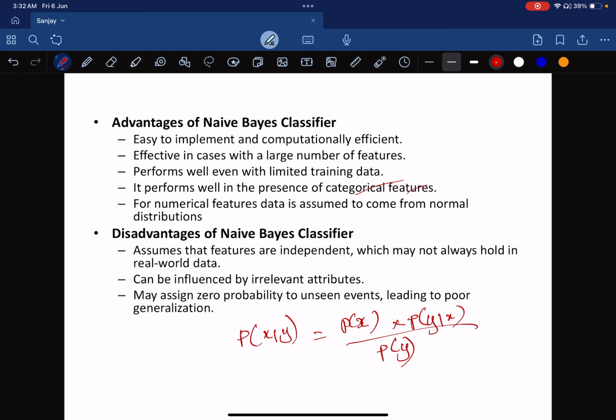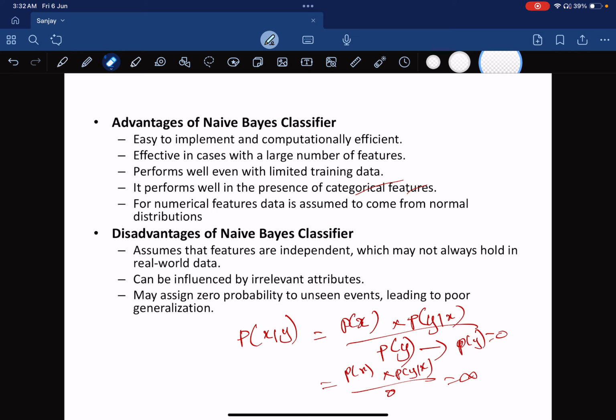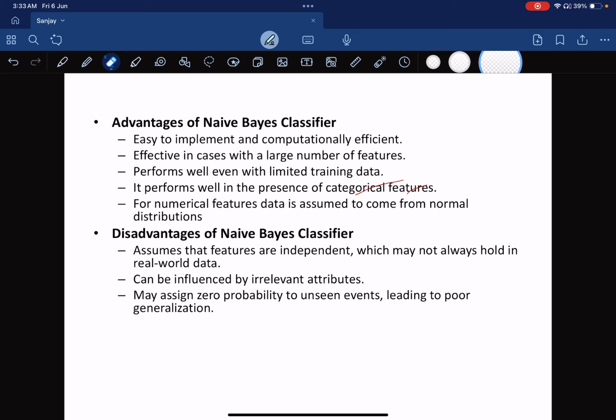What if the probability of y is zero? Then the equation becomes P of x times P of y given x divided by 0, which gives us infinity, right? This is not true, because the denominator probability should be greater than 0. We must hold this true to give a better result. This is a major disadvantage of the Naïve Bayes theorem. That's it for this video. Thank you.